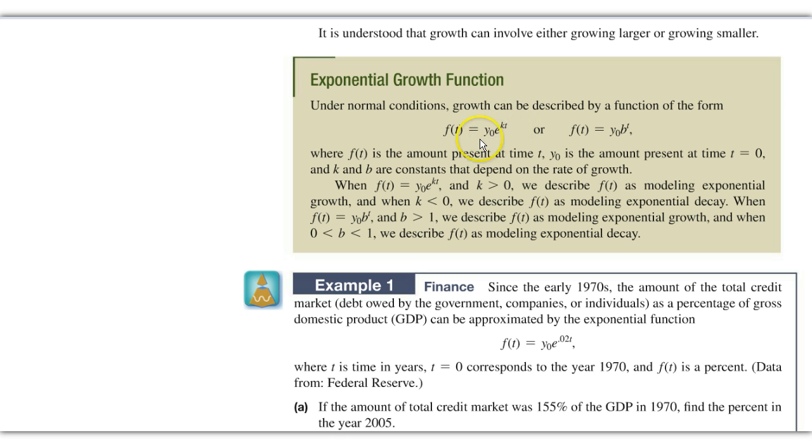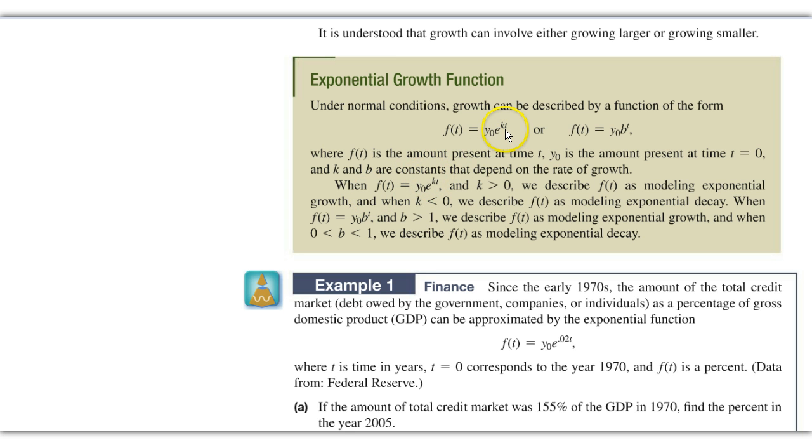So this is in your booklet. Let's take a look at it. We're saying a function of time where y sub 0 is the beginning, then there's our e, and then some k value times time. Now when k is greater than 0, it's modeling exponential growth.